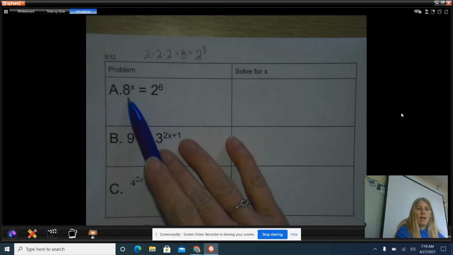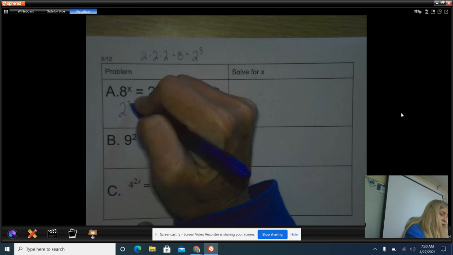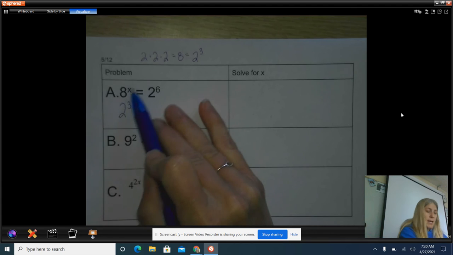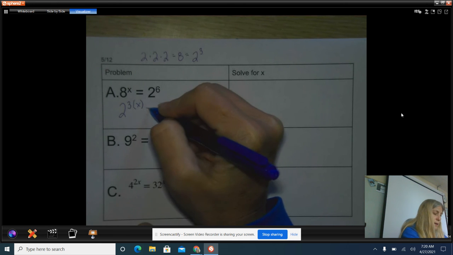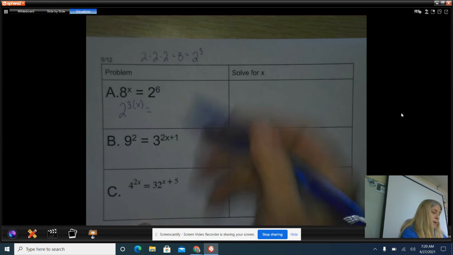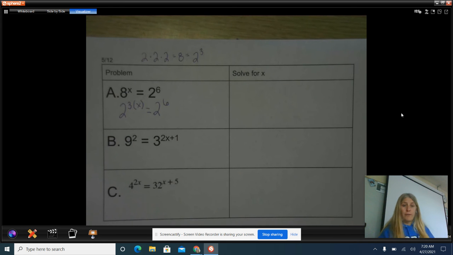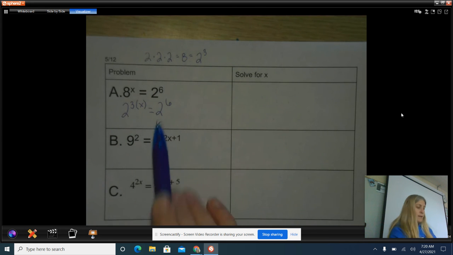So I'm going to take my 8 and rewrite it as 2 to the third power. And then whatever my exponent is, I'm going to put that inside of a set of parentheses next to that. And then, of course, I have 2 to the 6th power. Now you've noticed that at this point, we do have our bases the same.